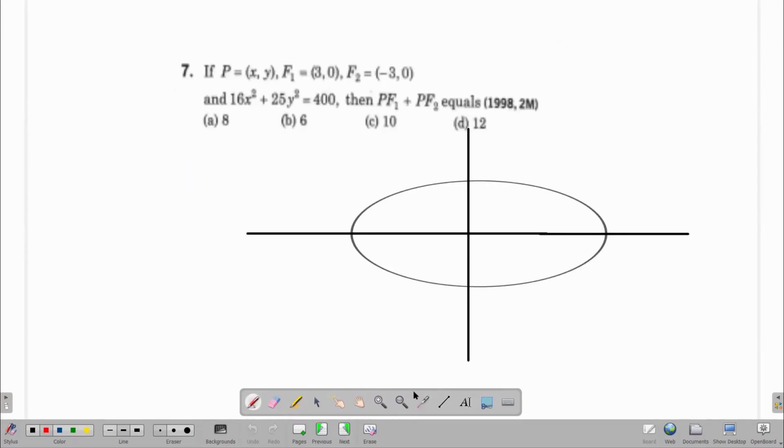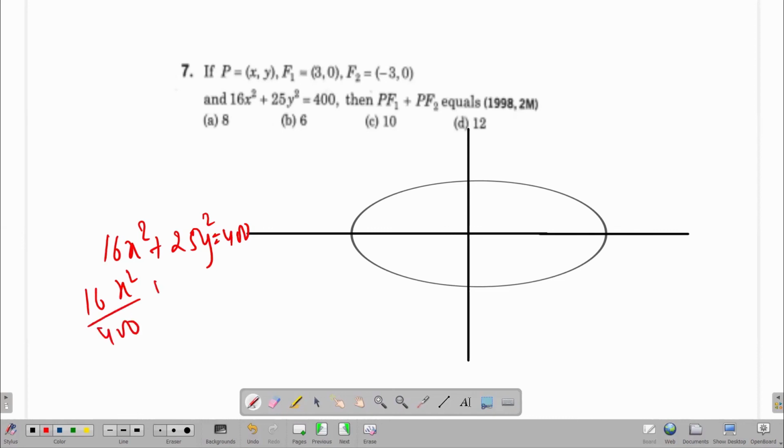What is given in this question? P(x, y), F1 is (3, 0), F2 is (minus 3, 0), and this is my ellipse, and then we have to find PF1 plus PF2. So first I just reduce this ellipse into standard form and check the foci.